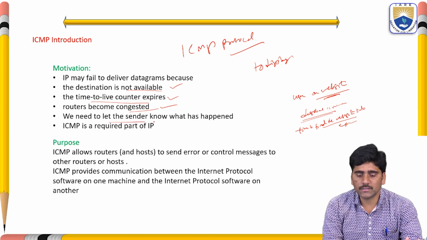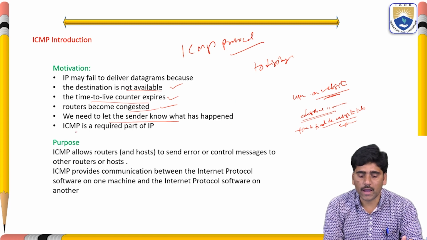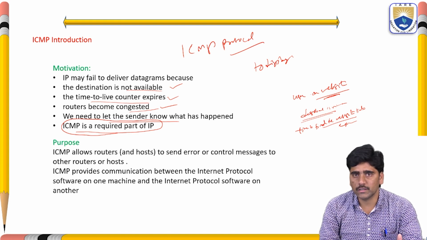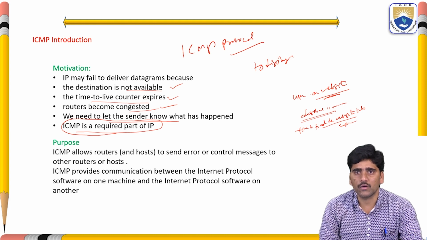And we need to let the sender know what has happened. For that, ICMP is required as a part of IP. To display the status of networking issues, the status of unreachable destinations, and the network statistics, we are going to use the ICMP protocol.